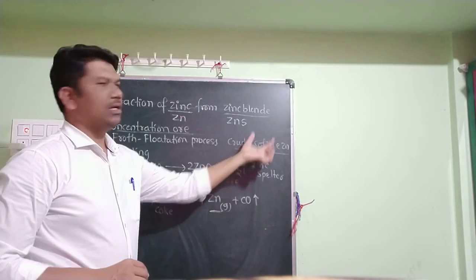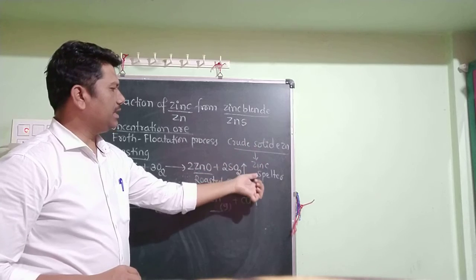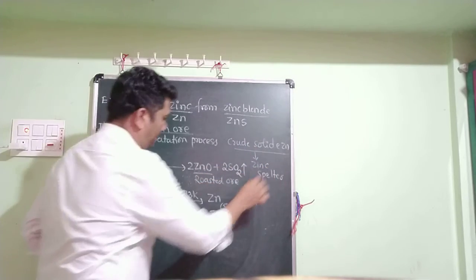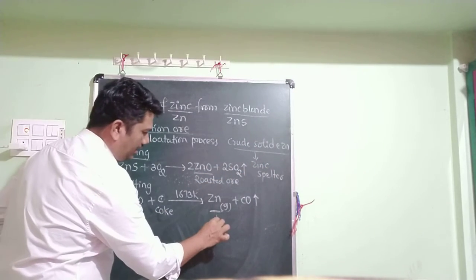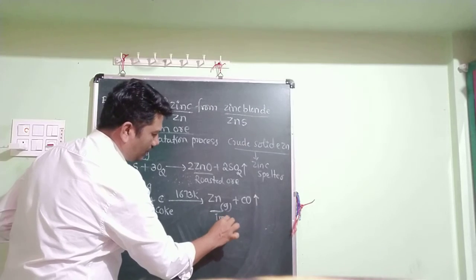This crude solid zinc is called zinc spelter. That is impure solid zinc. So in the third step you are getting impure zinc.